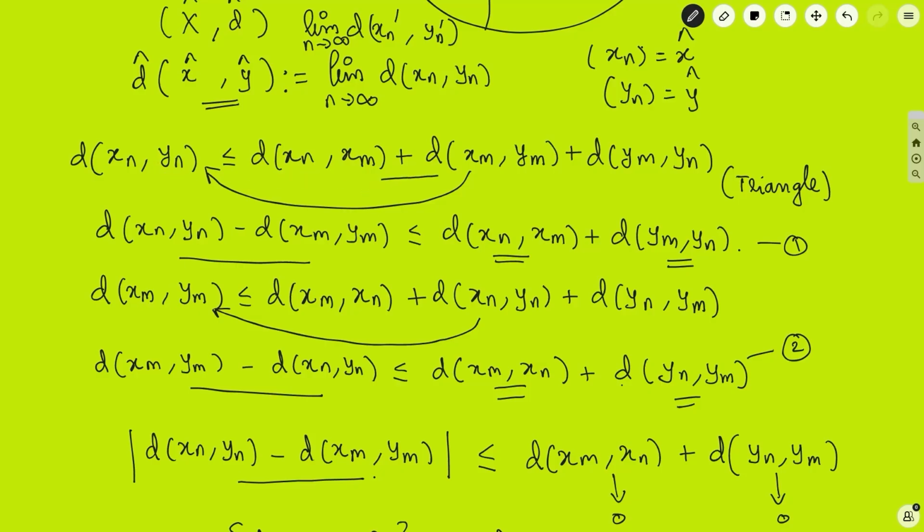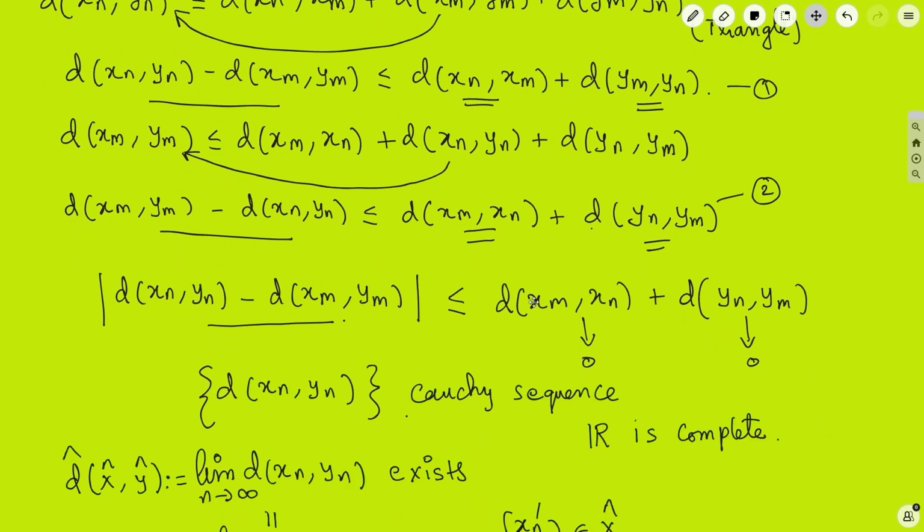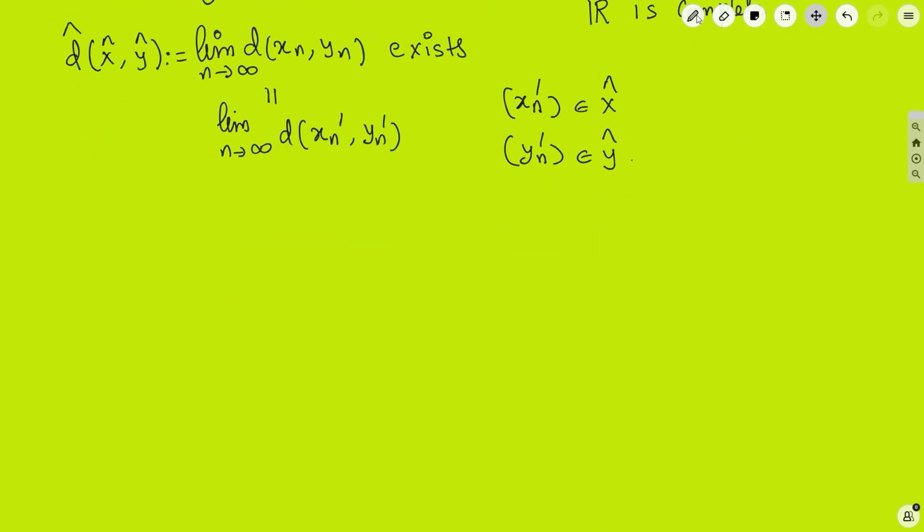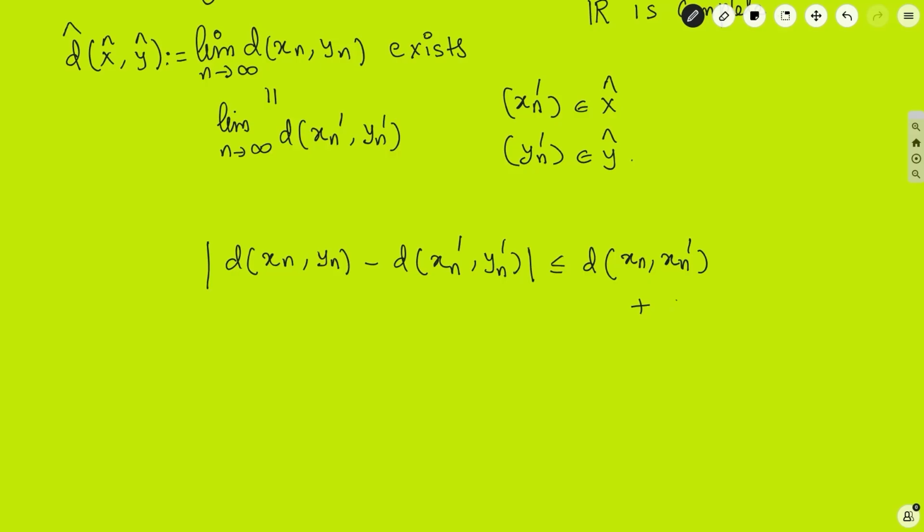So once you have this one with xn prime and yn prime, you also have this particular inequality, from which I will write the combined one, so it becomes much clearer. The distance d(xn, yn) minus d(xn prime, yn prime) is bounded above by d(xn, xn prime) plus d(yn, yn prime).